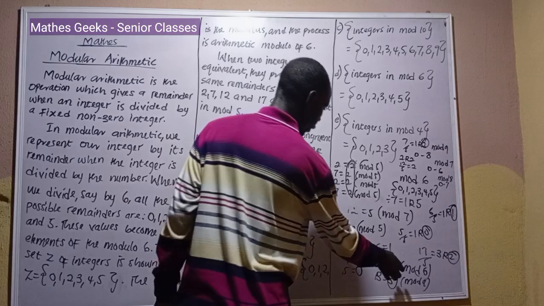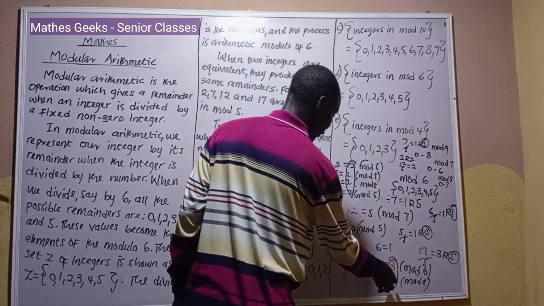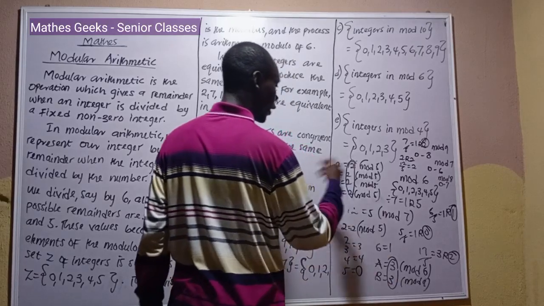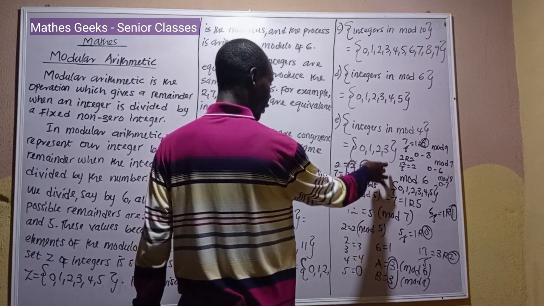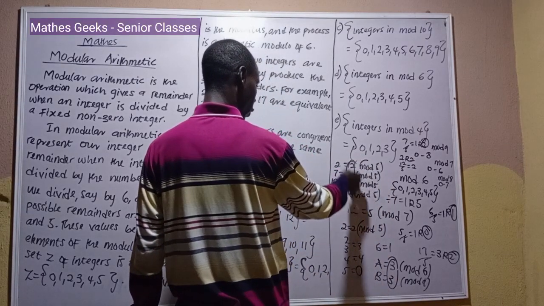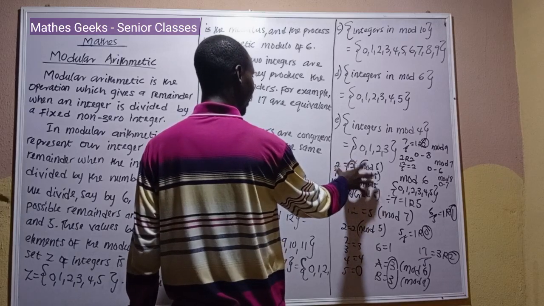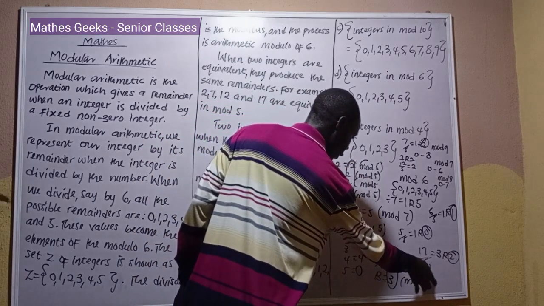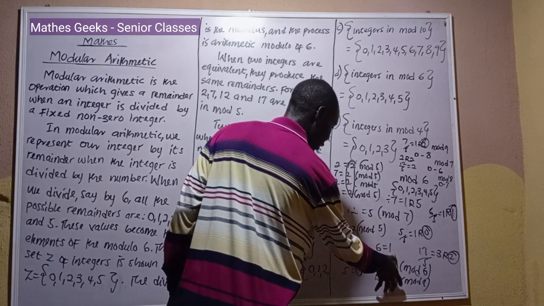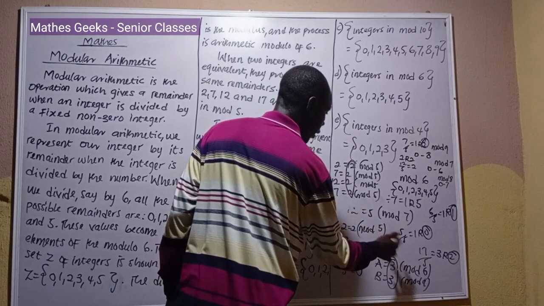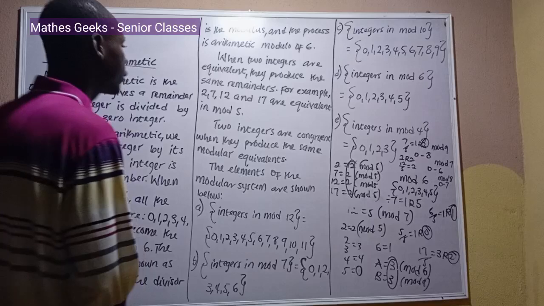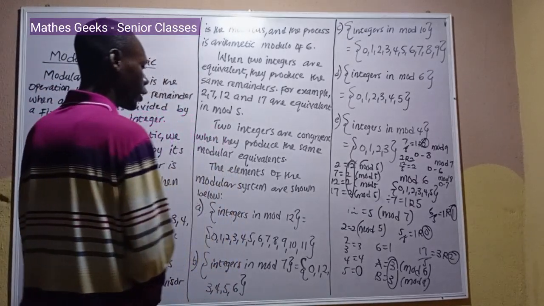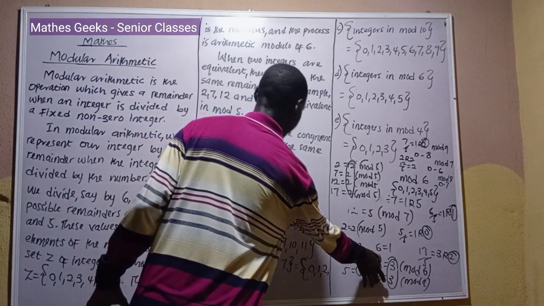They are congruent because they have the same remainders, but they are not done in the same mod. Mod 6 and 9 are different. Unlike this case where everything is in mod 5 and all of them have the same remainder, so we say they are equivalent. But if the mods are not the same, but the remainders are the same, then we say A and B are congruent. So that's what this part means.